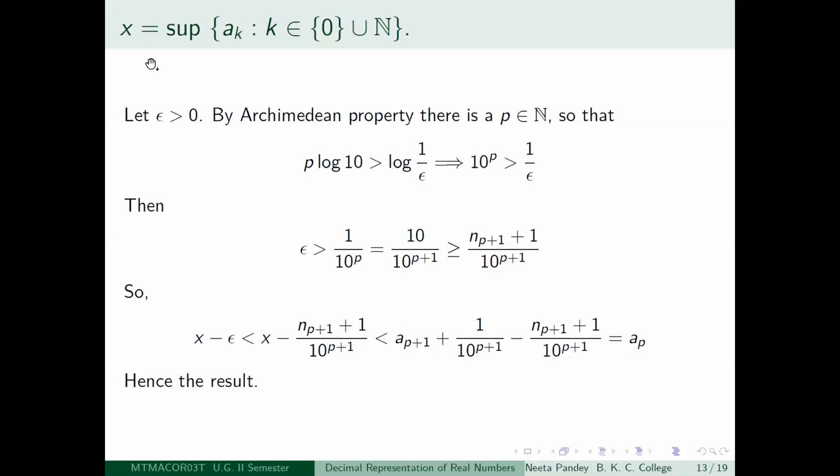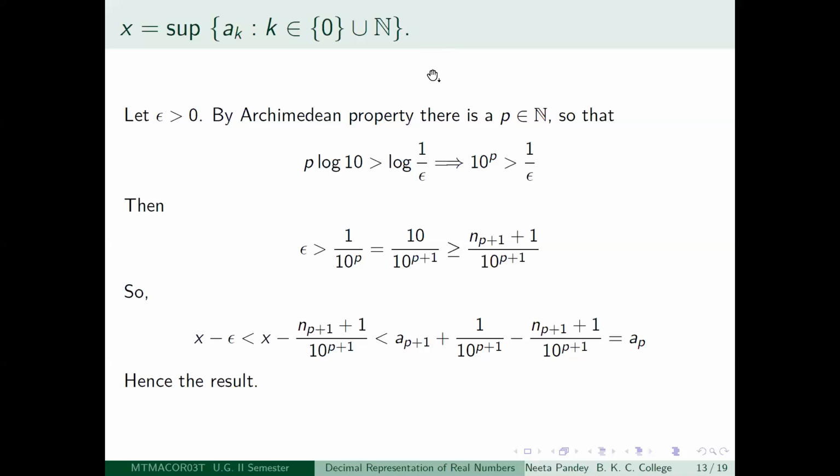So given any real number, first you find the line segment whose endpoints are n0 and n0 plus 1, and then inside that line segment you partition it into 10 equal parts, and look at the line segment whose endpoints are n1 by 10 and n1 plus 1 divided by 10. So your x will lie in that line segment. Then do the second approximation.